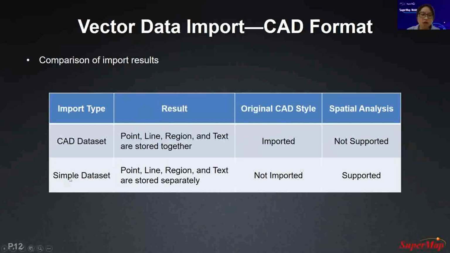But if you import it as a simple data set, each type of data set is stored separately, and the original CAD style is not imported, but it is supported to do spatial analysis.